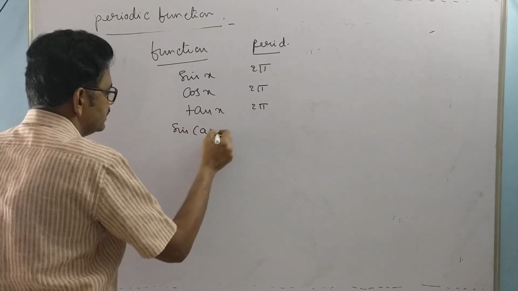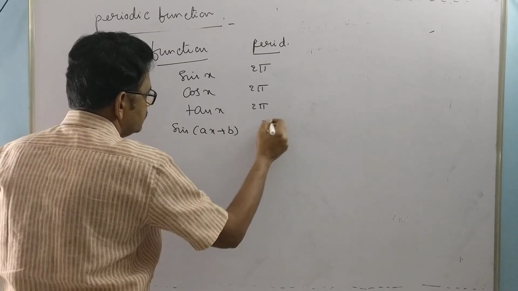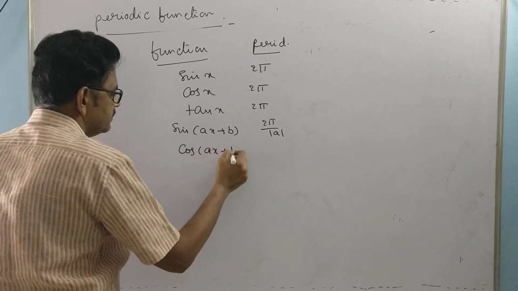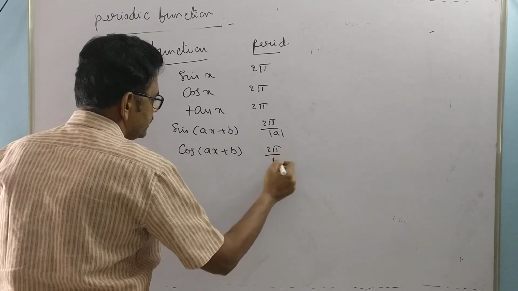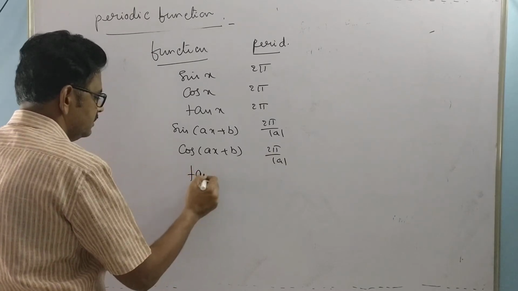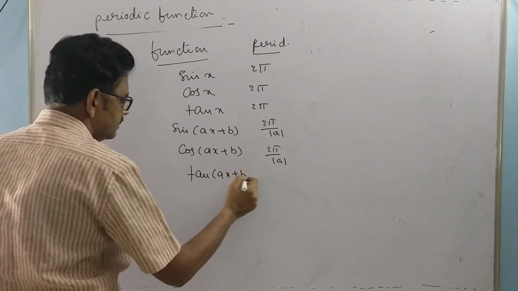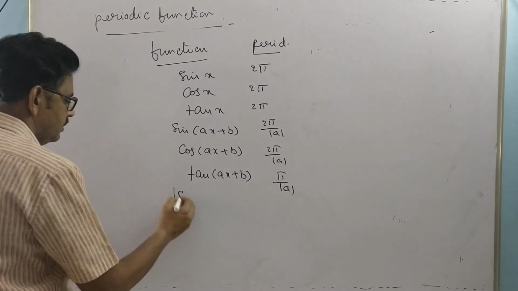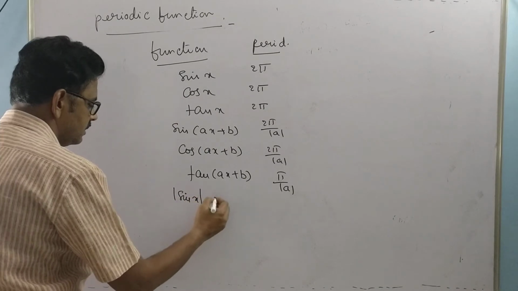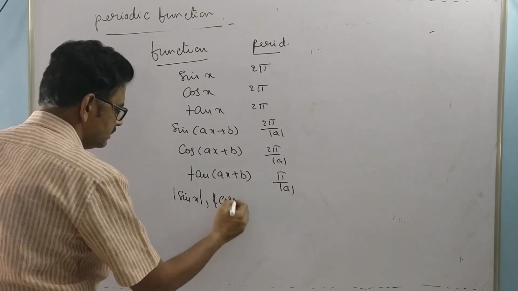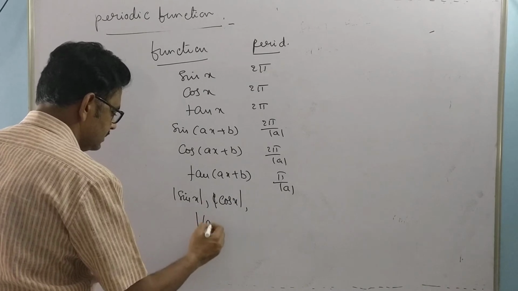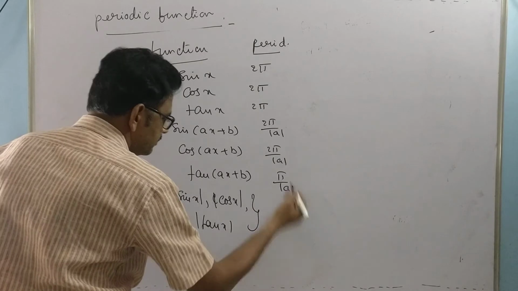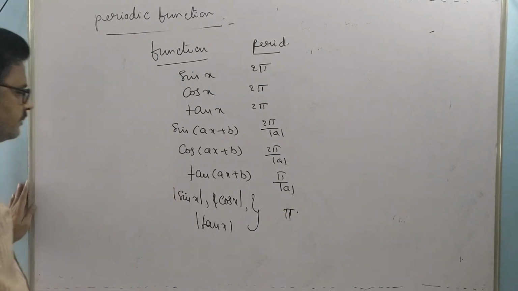Sin of ax plus b: 2 pi by mod a, cos of ax plus b: 2 pi by mod a, tan of ax plus b: pi by mod a. Mod sin x or mod cos x or mod tan x: period is pi.